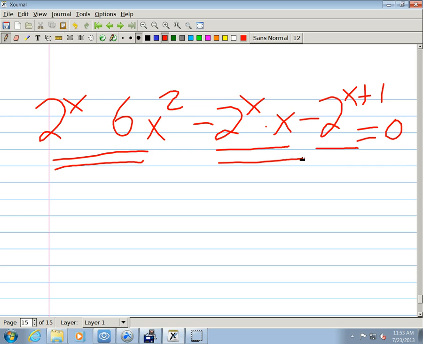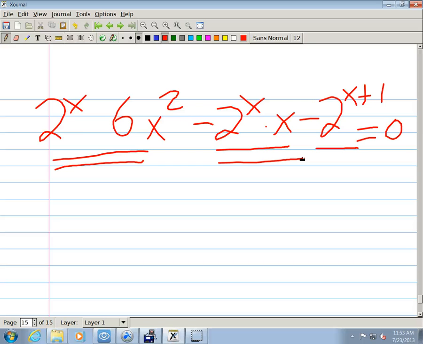How is that related to 2 to the x? What is 2 to the x plus 1 compared to 2 to the x? Are they related? Can I rewrite that in terms of 2 to the x? Well, it's 2 to the x plus 1, right? So the exponents are being added, right? Isn't there a rule we come up with a lot that when you multiply stuff, you add the exponents?